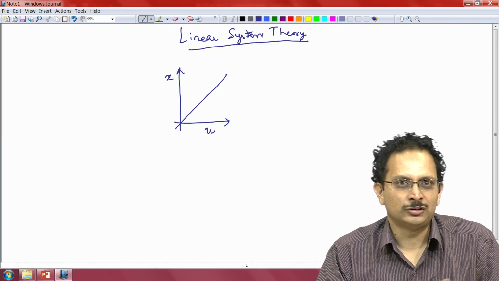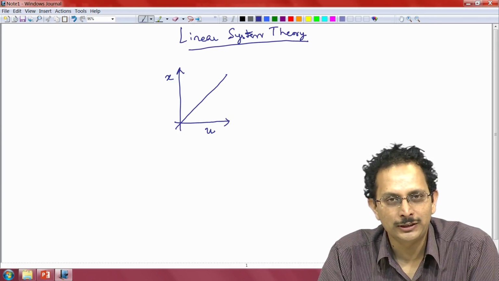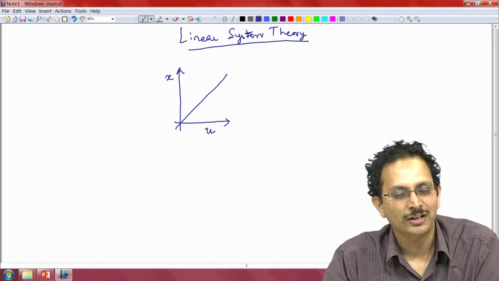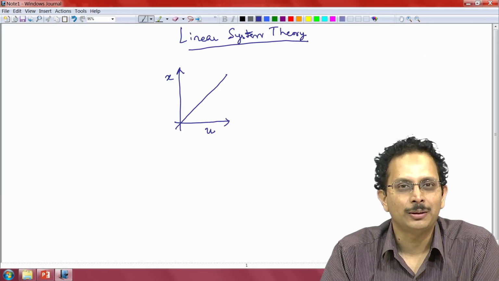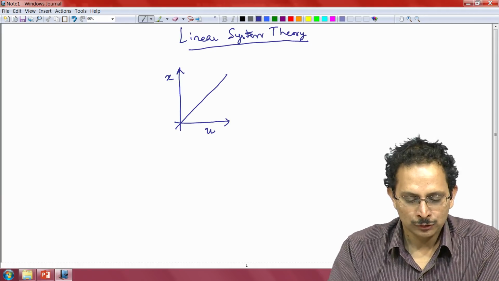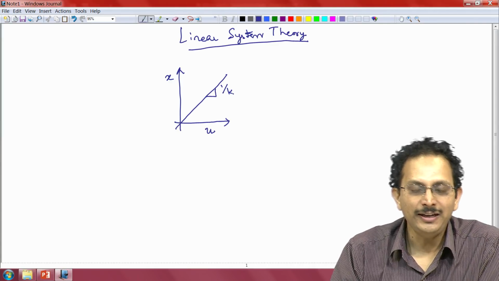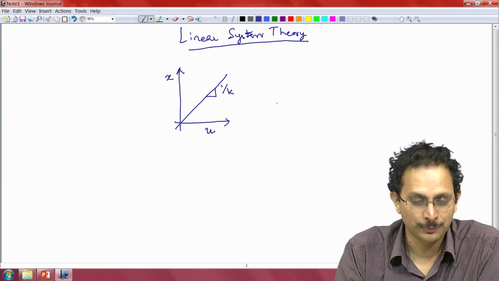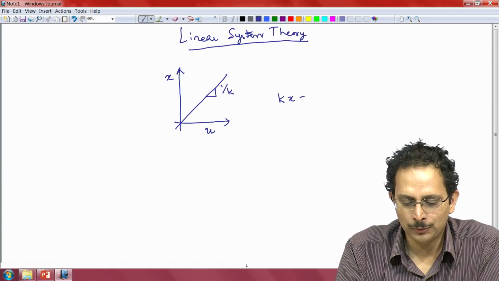Of course, this is not adequate as a useful definition for linear systems, but let us start with this as our initial assumption of what a linear system might look like. So, if the slope of this line is 1 by k, then I can write the input output relationship for such a system as kx equal to u.